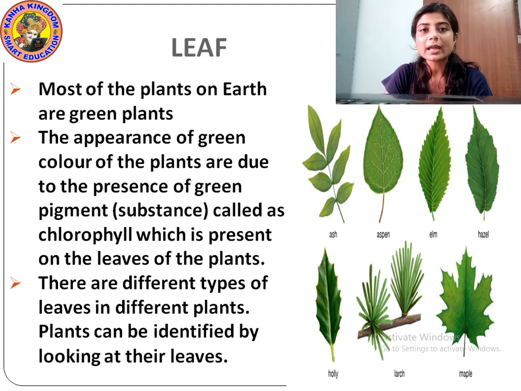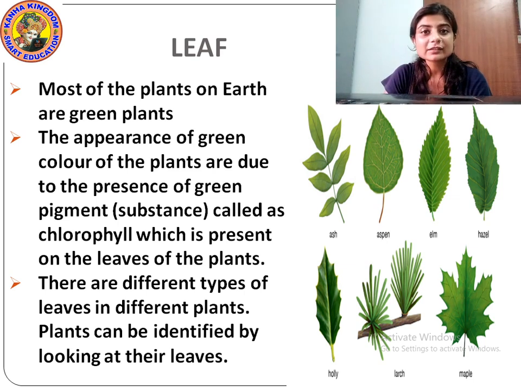And why is this plant green in color? Why are most of the plants green in color? Because the leaf of the plant contains a pigment or substance which is called chlorophyll. Okay, this chlorophyll makes the leaf green in color.